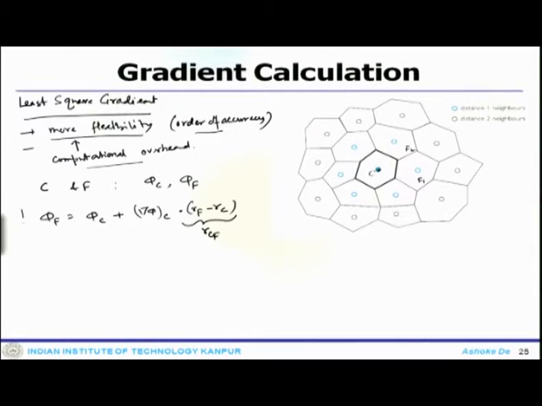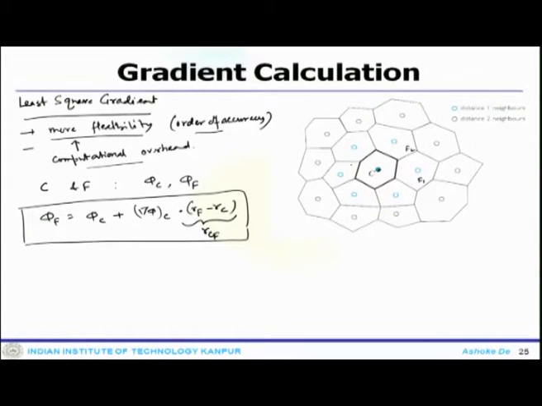Now, the thing is that unless the solution field is linear, the cell gradient cannot be exact, because C has more neighbors than the gradient vector has components. So every time you get this calculation of the distance with the gradient vector, C has a number of more neighbors.